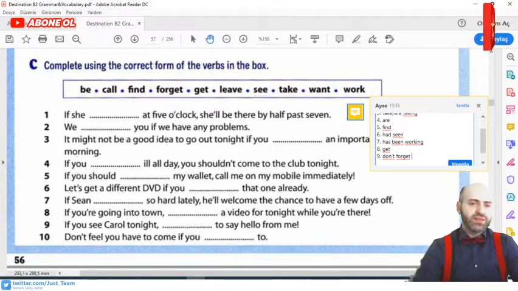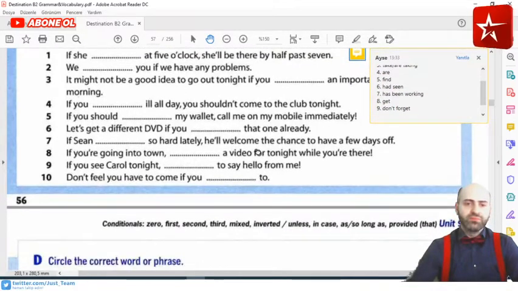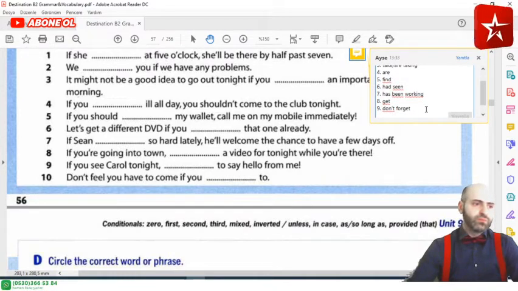True. And the last one, don't feel you have to come if you blah blah blah too. Okay, Irina is correct.